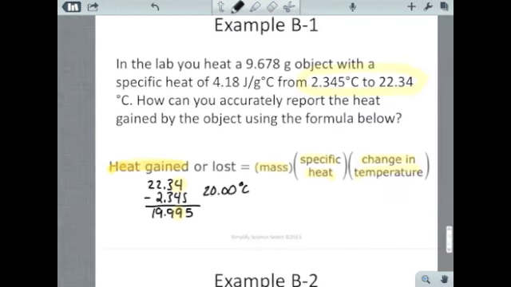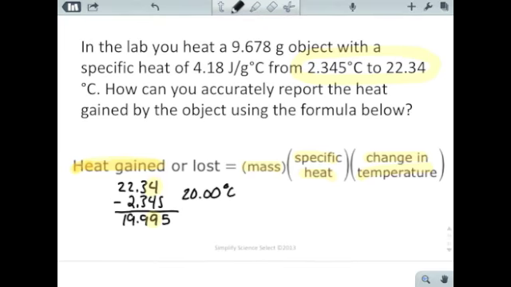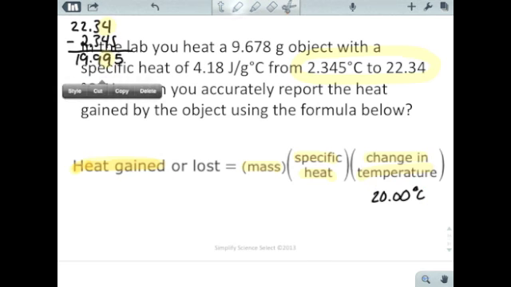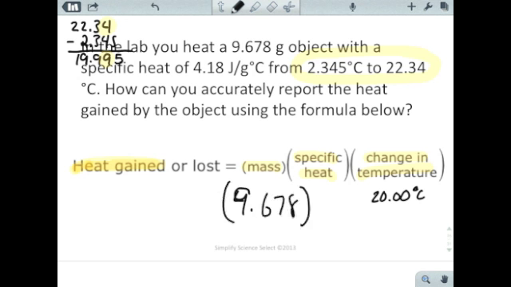That was the hard part because we had to look at that. So all we're going to do now is we have our 20 degrees Celsius, and that's our change in temperature. And then all we have to do is multiply that by our mass, which is 9.678, times our specific heat, which is 4.18.